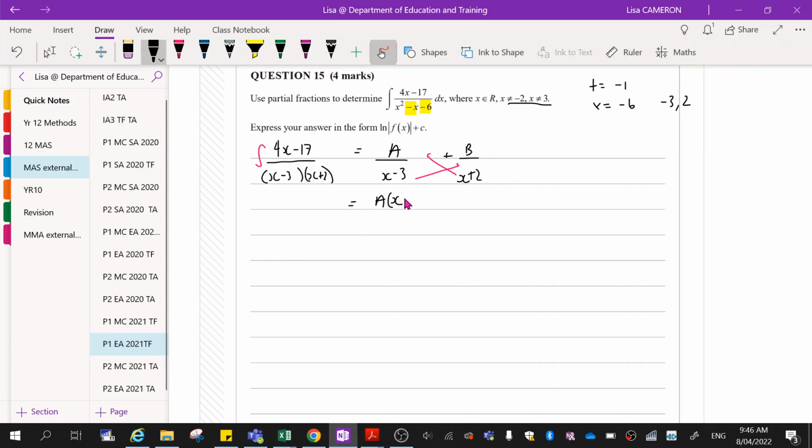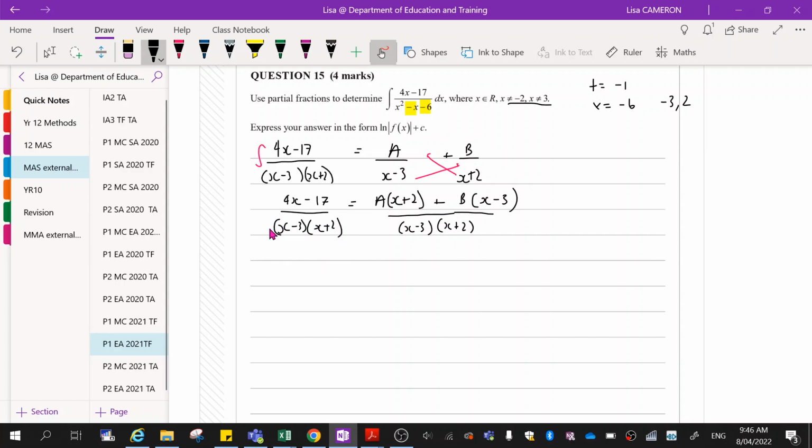A bracket (x + 2) plus B bracket (x - 3), that would all be over (x - 3) times (x + 2). And on this side, we've got 4x - 17 all over (x - 3)(x + 2).